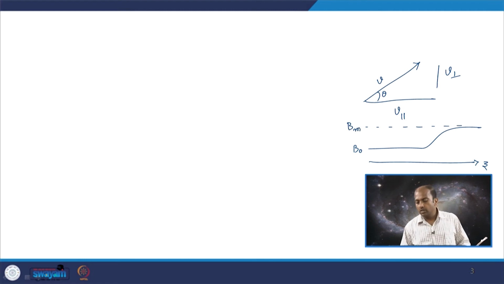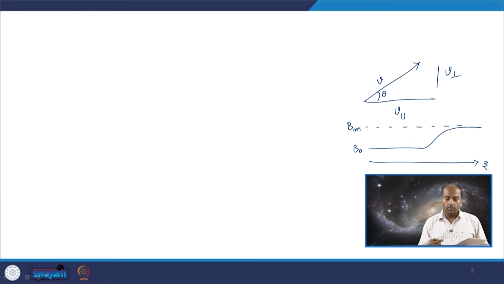We want the mirroring to happen somewhere in the strong field. The line that you see does not indicate the field line, rather it indicates the field strength where it is smaller and where it is larger. Right. So now we have two physical quantities which are conserved. One, the magnetic moment is conserved, and other, the total kinetic energy is conserved.